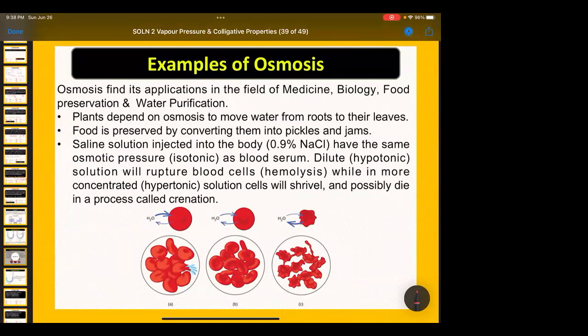But my dear students, the doctor can't put pure water into our body. Why can't pure water be put through a syringe or drip into our body? Why can't we mix pure water into our blood?